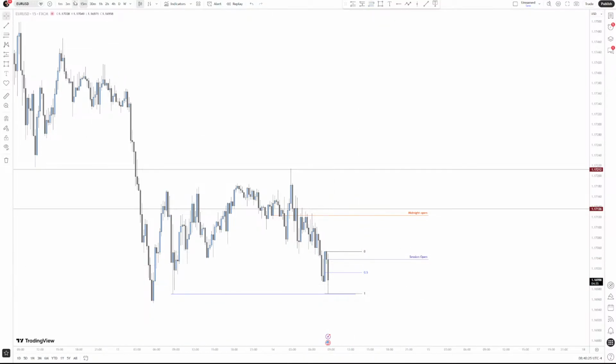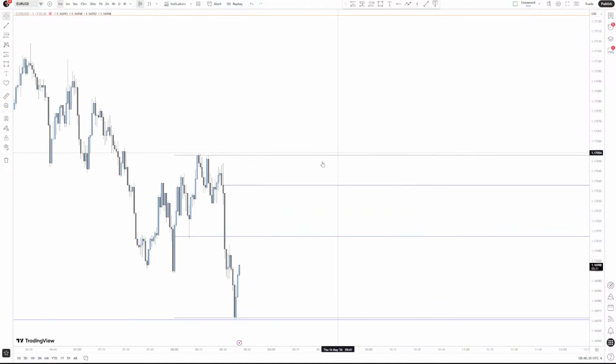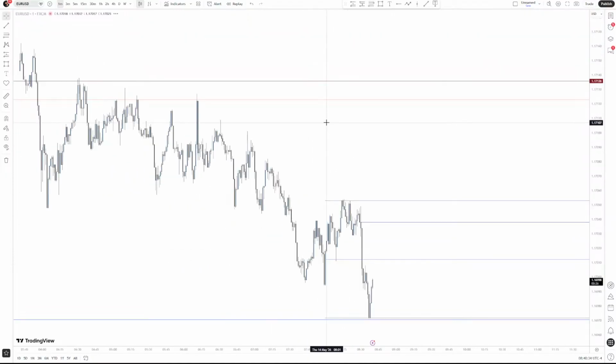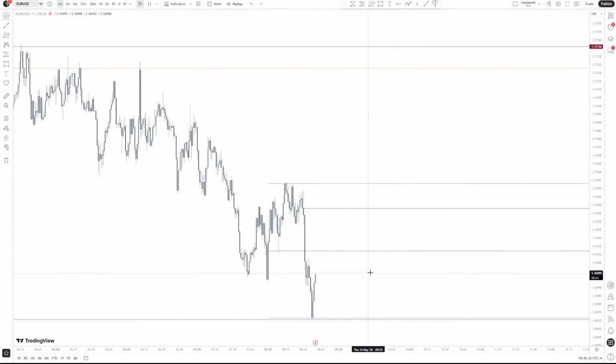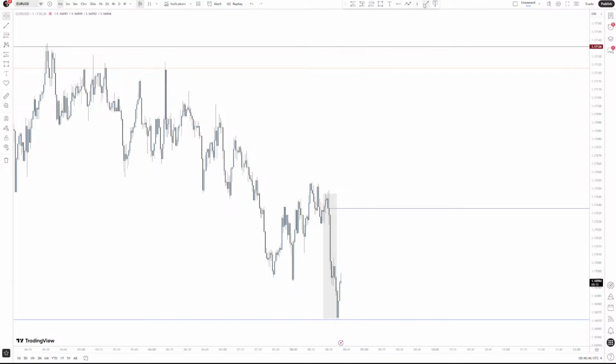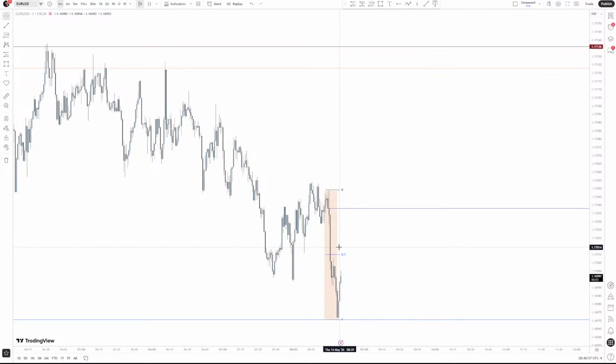Get that across on smaller time frames, a bit cleaner too. Then if we broke structure over here, this is the leg of the move.